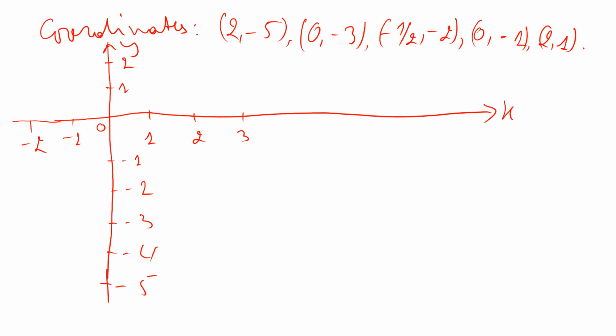The first point is 2, negative 5, then we get a point here. The second one is 0, negative 3, we have a point here. The next is negative half, negative 2. Negative half is a point, then negative 2 is a point here. The next point is 0, negative 1. It is a point here. The last point is 2, 1, now we get a point here.